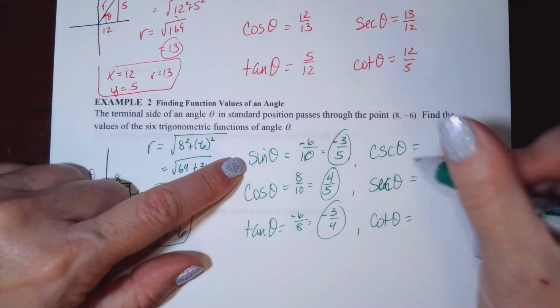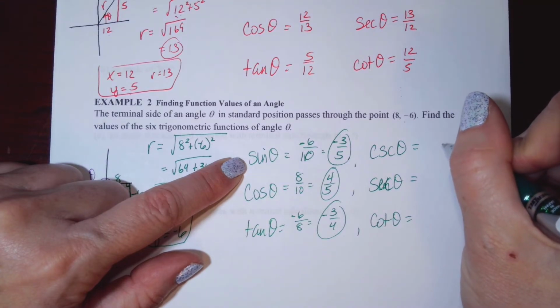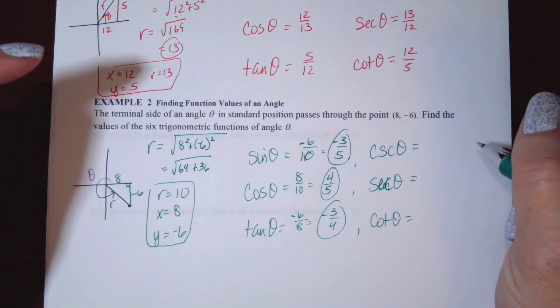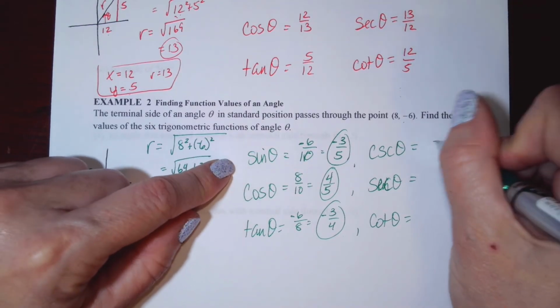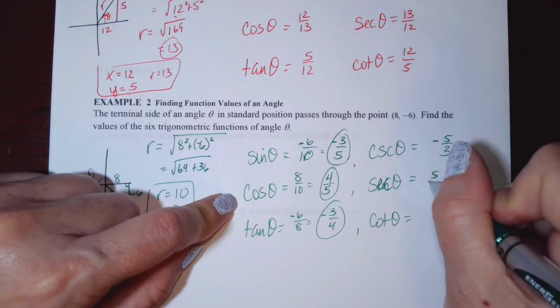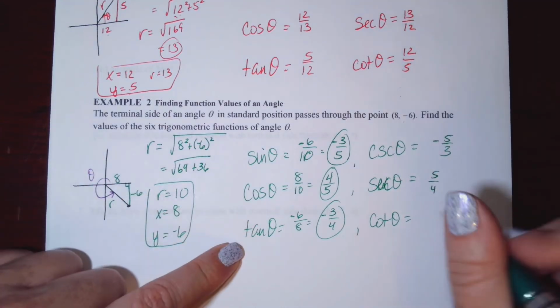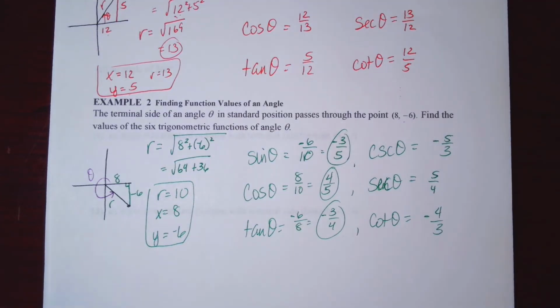So sine to cosecant becomes a -5/3. Cosine to secant becomes a +5/4, and tangent to cotangent becomes a -4/3. All right, excellent.